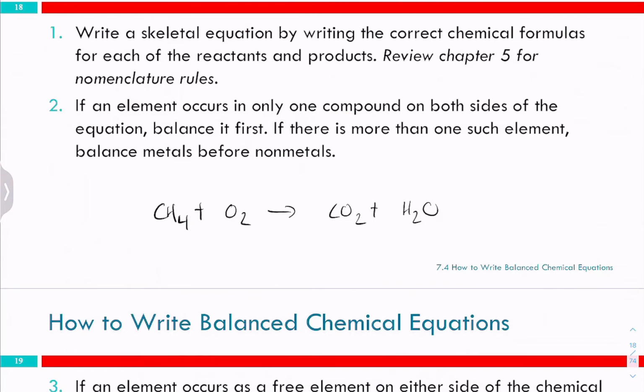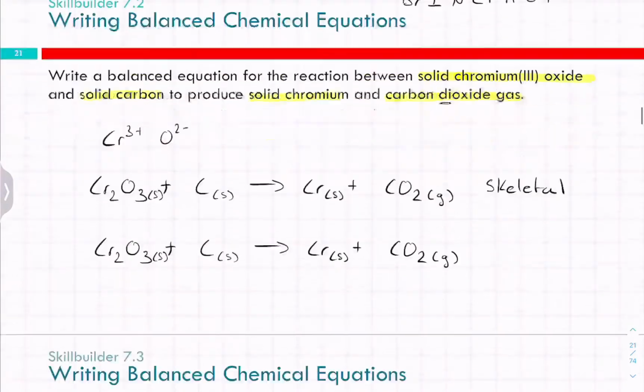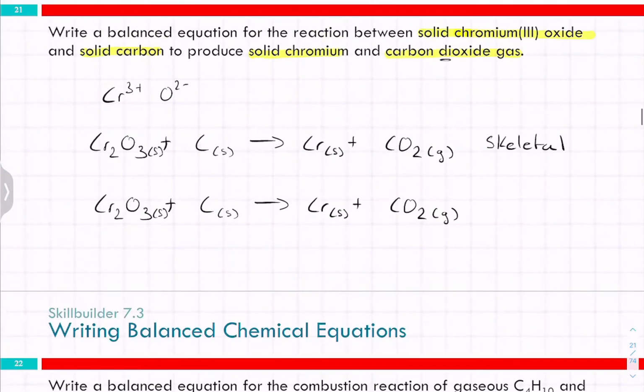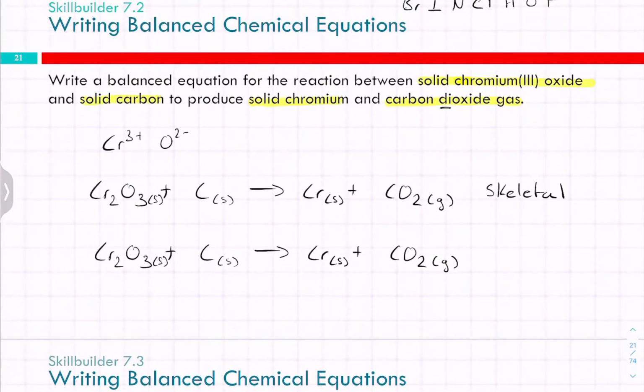If there's more than one such element, balance metals before nonmetals. So we want to balance elements that exist in only one compound on either side. Which elements exist in only one compound on either side?